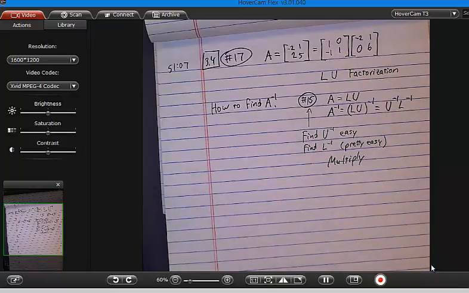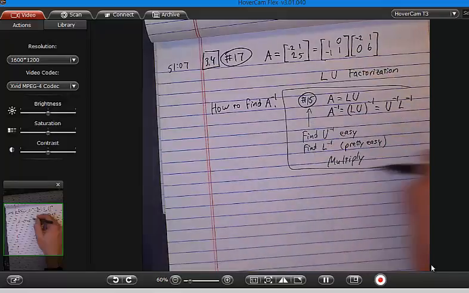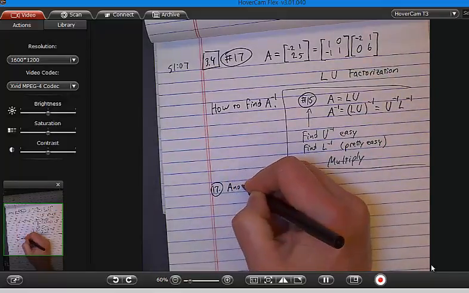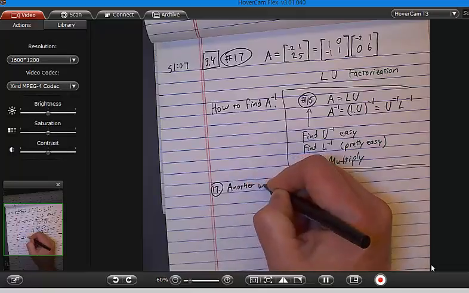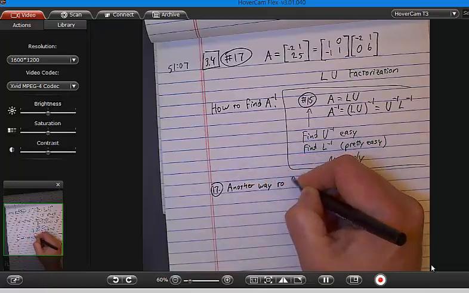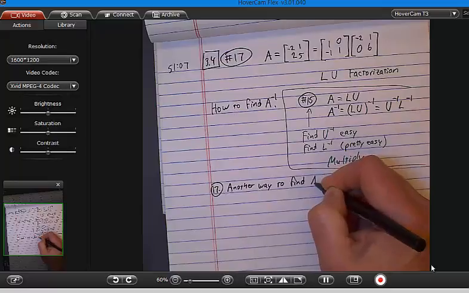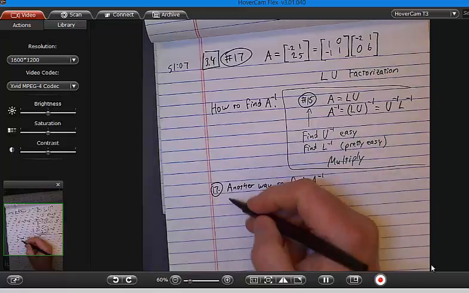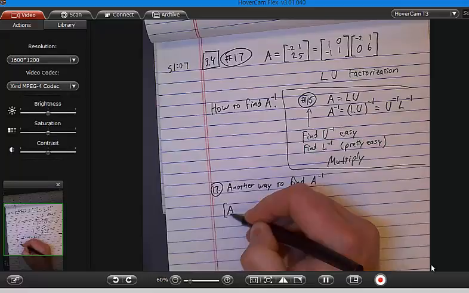Number 17 is another way to find A inverse. Okay. You guys probably remember me doing this. We made a matrix where we put A here and we put the identity over here.